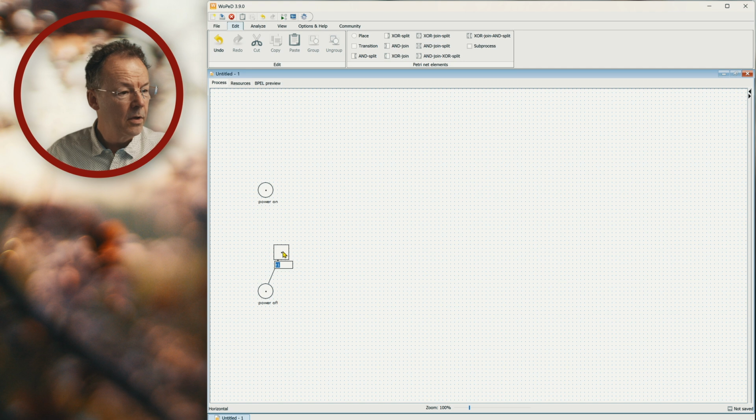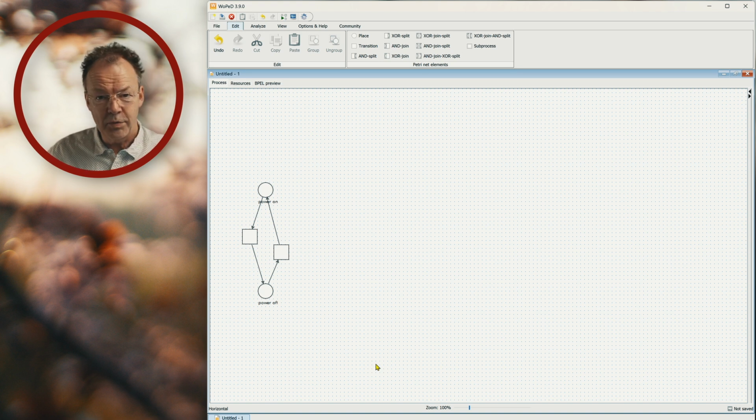So we go here, and I will not name these transitions because I think their meaning is clear from the context. So one is going from power off to power on, and the other one is going from power on to power off. So this is this power button on and off.